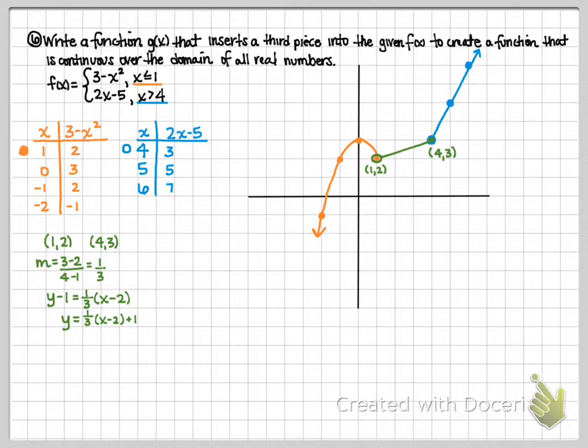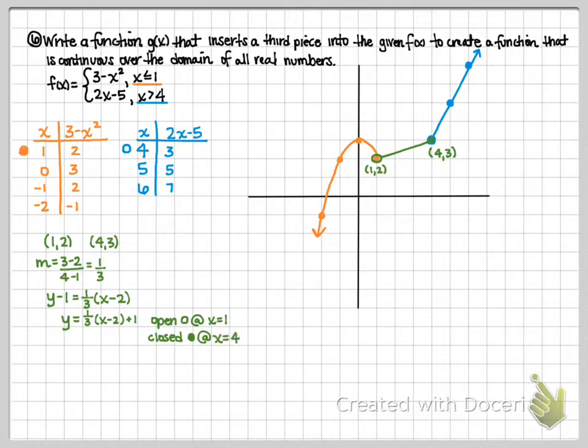Now I need my restriction. Taking a look back at my graph, I wanted to have an open circle at x equals 1, and I wanted a closed, filled in circle at x equals 4.